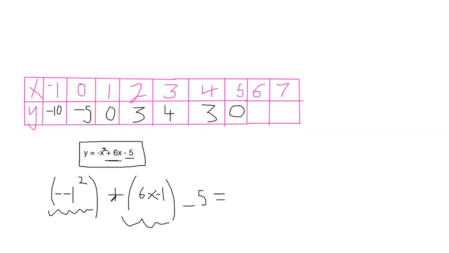Let's try again. -1 squared plus 6 times 1 is 5. Why do they get what we did before, but it changes later on?